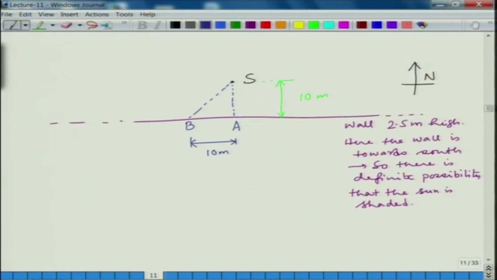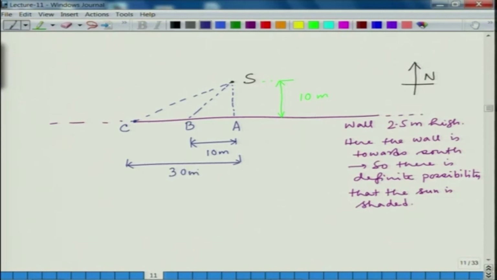Okay. So, this B is chosen arbitrarily, you could have taken one point which is 15 meter. So, just now we will do that one. So, let us say another point, point C, which is 30 meter.